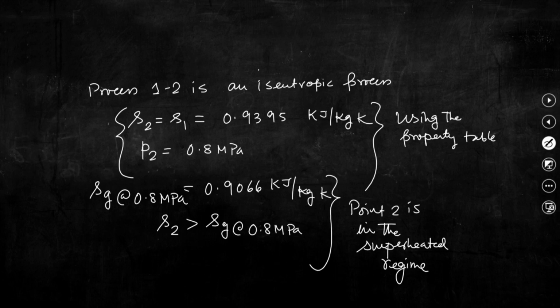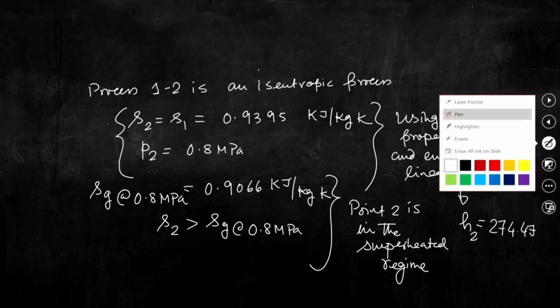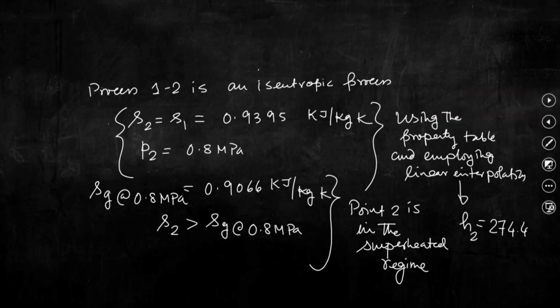So, using the property table and employing linear interpolation, we can have H2 equal to 274.47 kilojoule per kg.